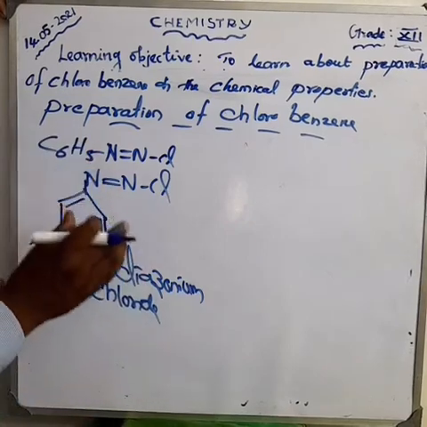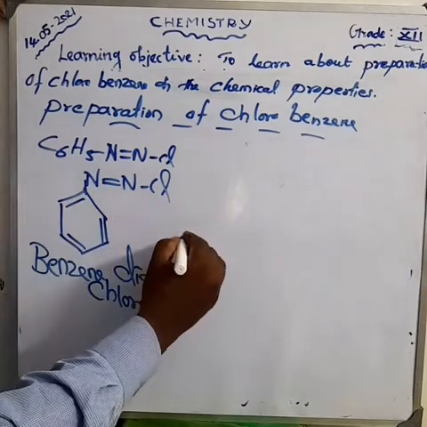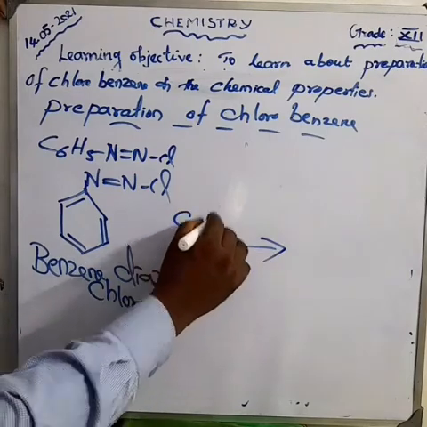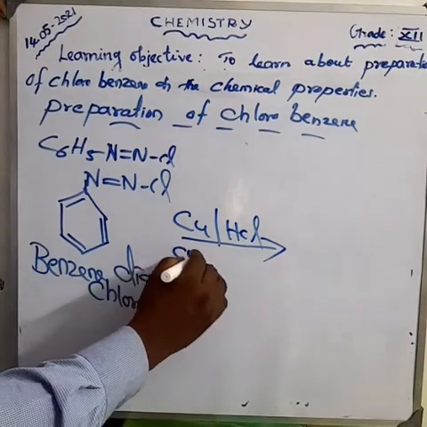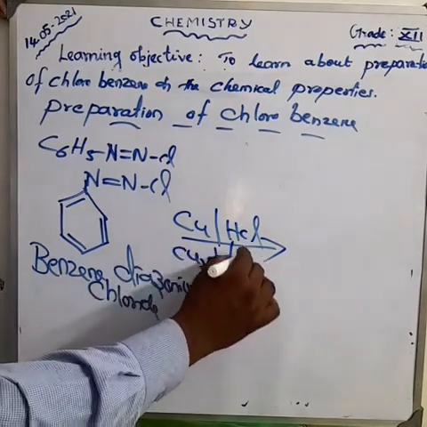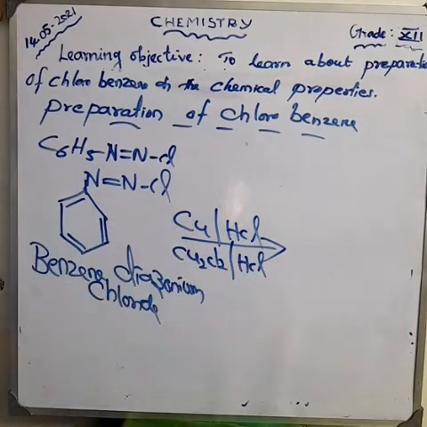This benzene diazonium chloride on treatment with copper and HCl, or in one more reagent we can use Cu2Cl2 with HCl, what are the products we obtain?